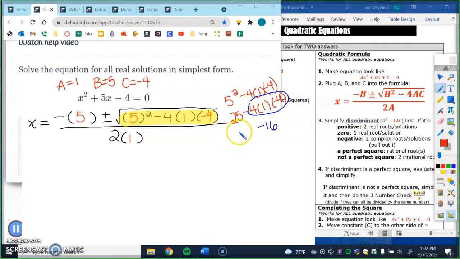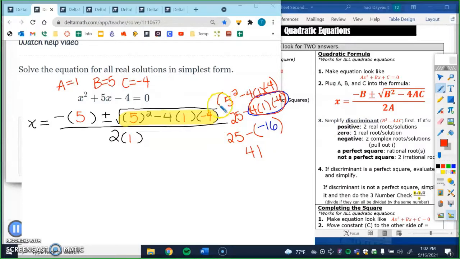So I've got 25 subtracting -16. Notice when I multiply this, I get -16, and then I'm bringing down this subtraction sign. If I subtract a negative, that is going to move up. So I would end up adding 25 plus 16, and that's going to give me 41.